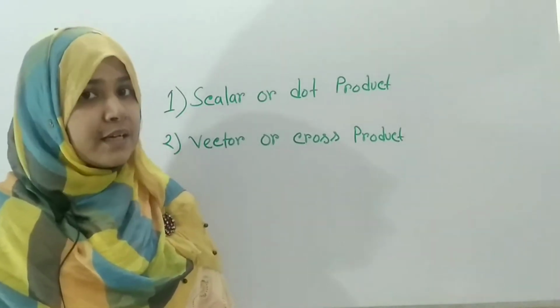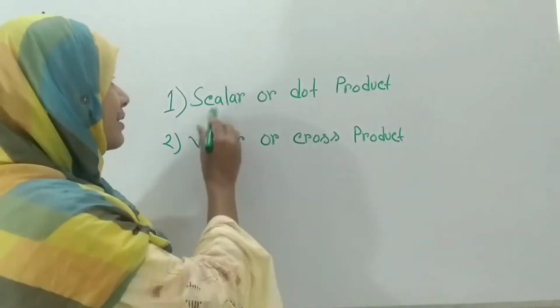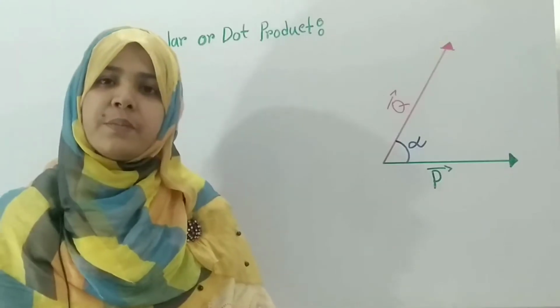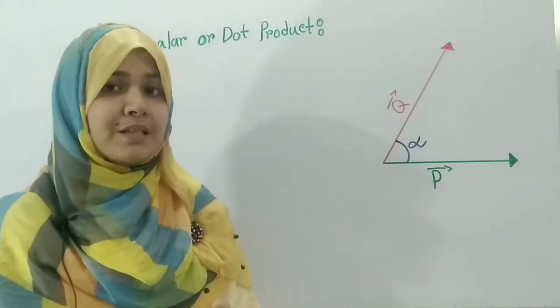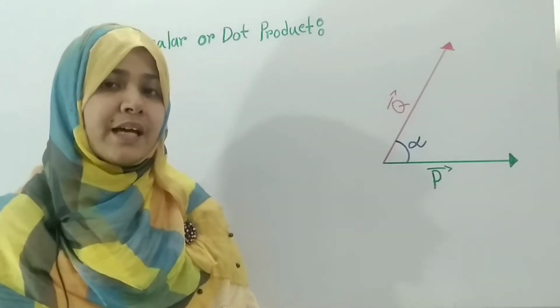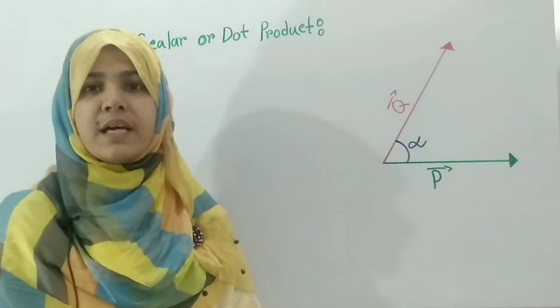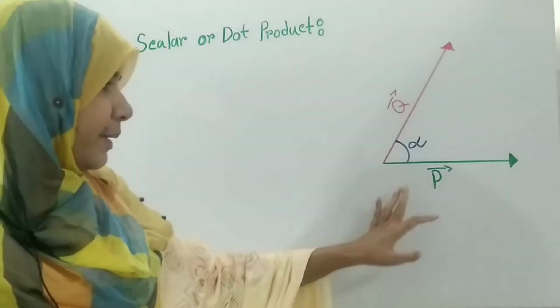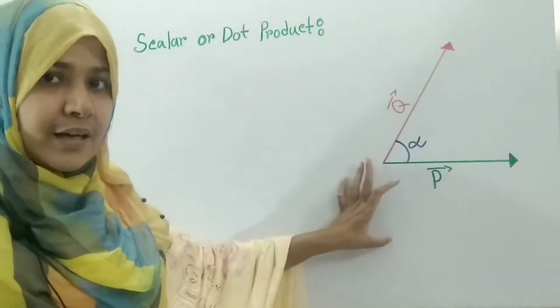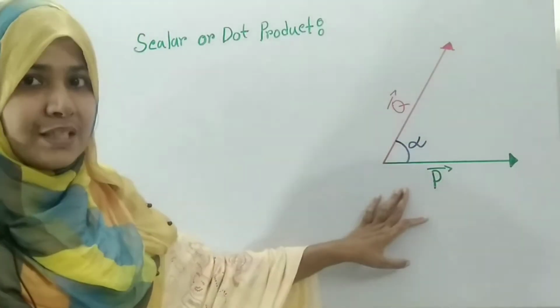So let's start to discuss the scalar or dot product. If the multiplication of two vector quantities is a scalar quantity, then that type of product is known as scalar product. Here you can see that two vector quantities P and Q are inclined at an angle alpha with each other.